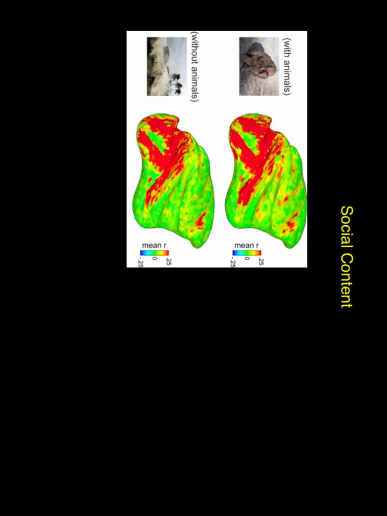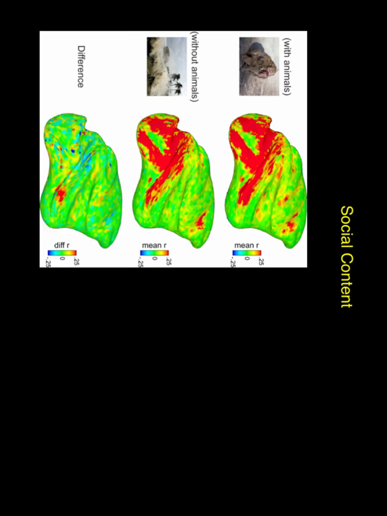But what you can do is compare the responses across the two types of movies, similar to how they did the written word versus spoken word, and what you can see is a difference area where there's only really a strong difference between these in this middle of the temporal lobe type of area.